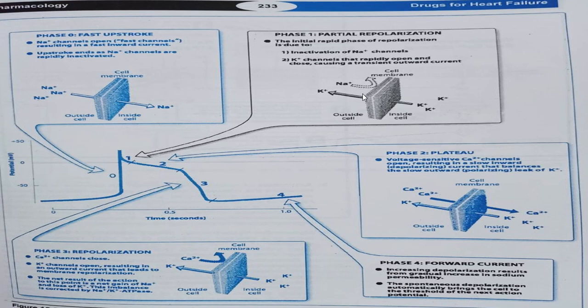At the same time, when the potassium is going out from the cell, the fast sodium channels are suddenly closed.